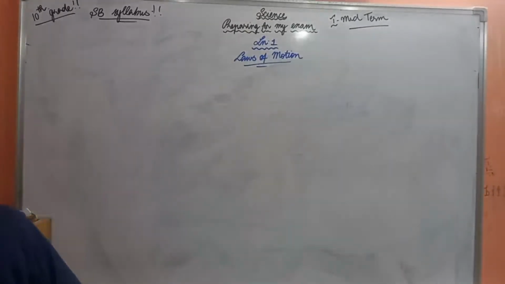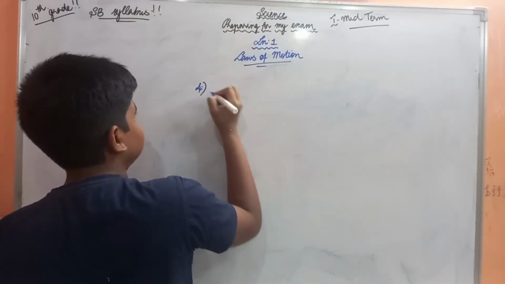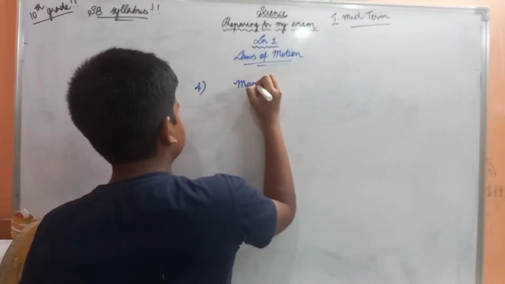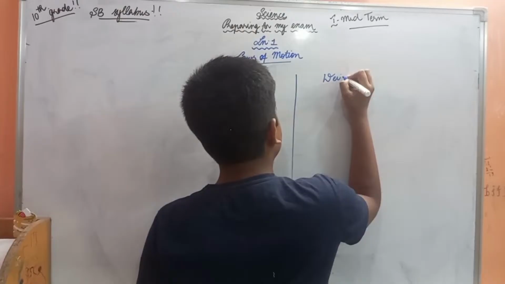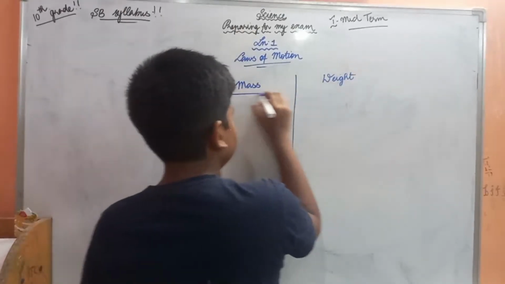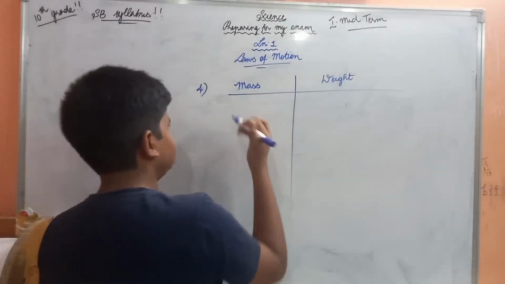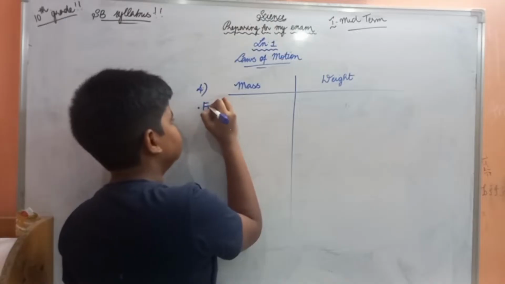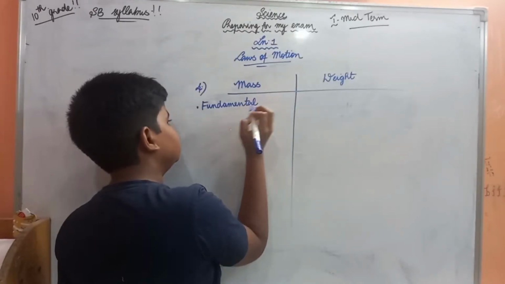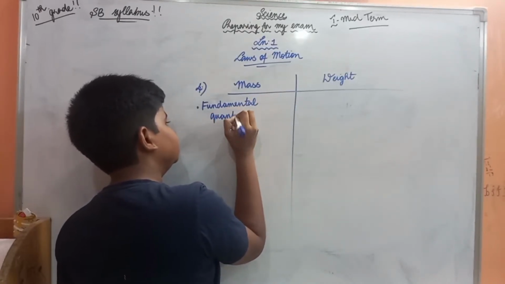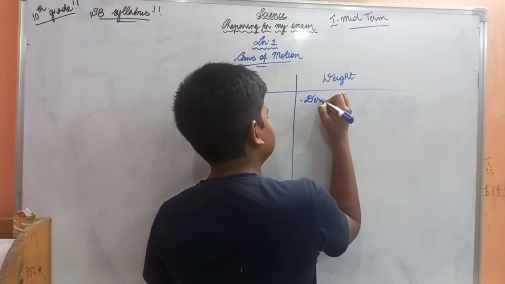Then another important answer: differentiate between mass and weight. The first thing is that mass is a fundamental quantity and weight is a derived quantity.